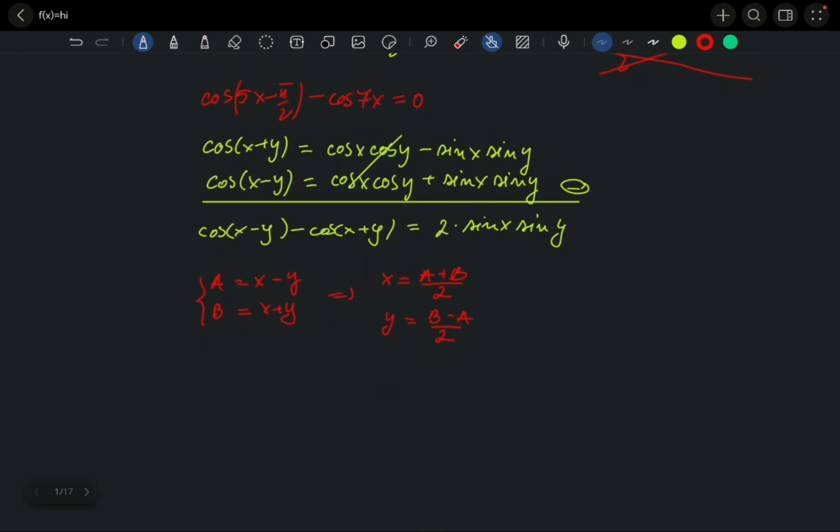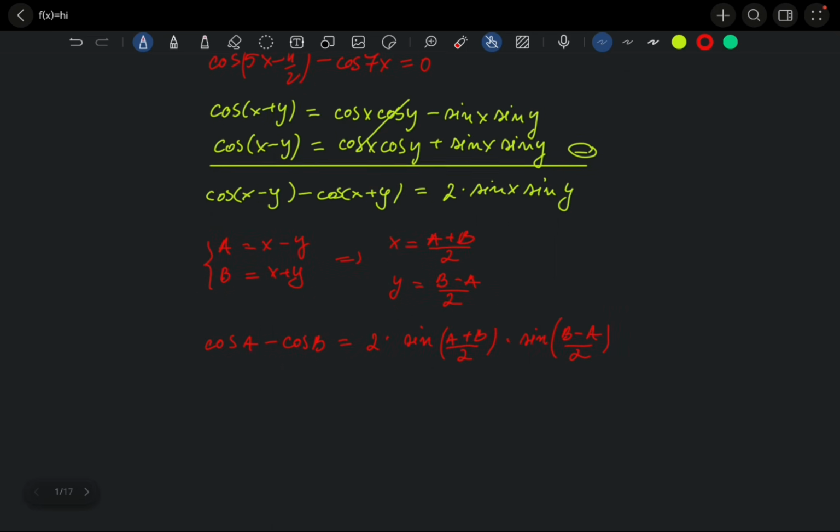So with this in mind, our identity becomes cosine of a minus cosine of b equals 2 times sine of a plus b over 2 times sine of b minus a over 2.